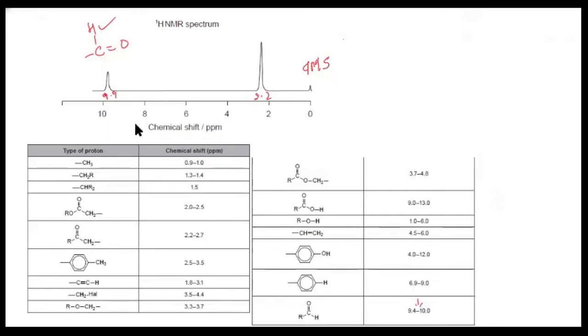Now compound B also had a CH3 group. I'll rewrite compound B if you have forgotten it. It is CH3CHO. The CHO hydrogen corresponds to 9.9. Now we have another environment, the hydrogen atoms in the CH3, a totally different environment.